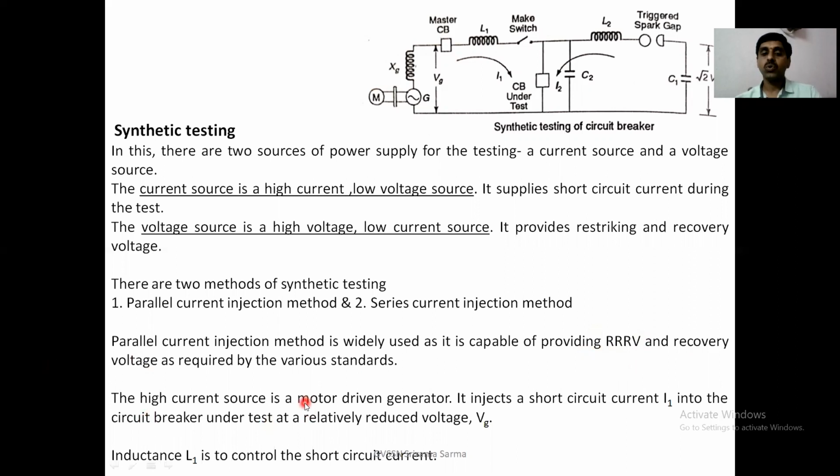So the high current source is a motor driven generator. It injects short circuit current I1 into the circuit breaker under test at a relatively reduced voltage Vg. Inductance L1 is to control the short circuit current.